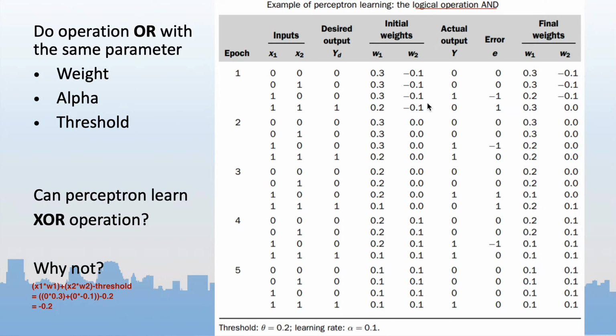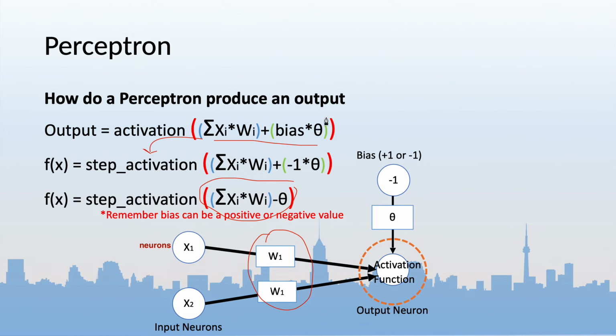Okay, and this applies to both of the weights. And then how do we get this actual output? For the calculation to get this actual output, we will use this calculation. So let's try to calculate.